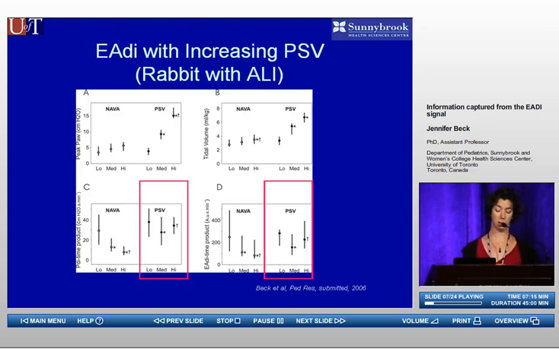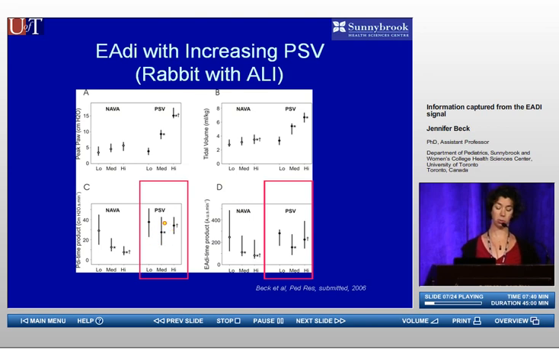We recently submitted a paper to Pediatric Research where we showed that sometimes this is not the case, and I'll point you to these pink boxes. On the bottom left, you have the transdiaphragmatic pressure time product, which is the transdiaphragmatic pressure per minute. And on the right, in the pink box, you have the electrical time product, which is the amount of diaphragm electrical activity per minute.